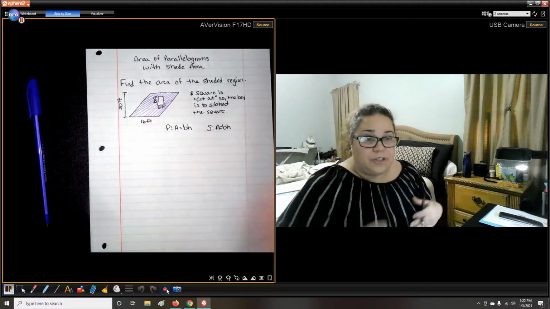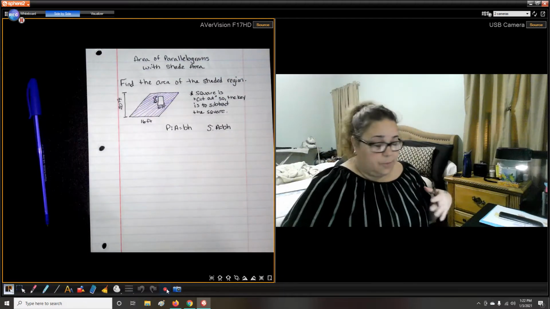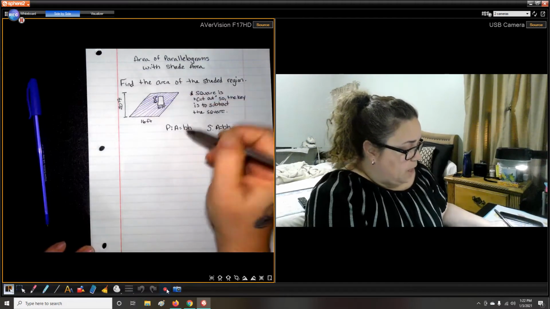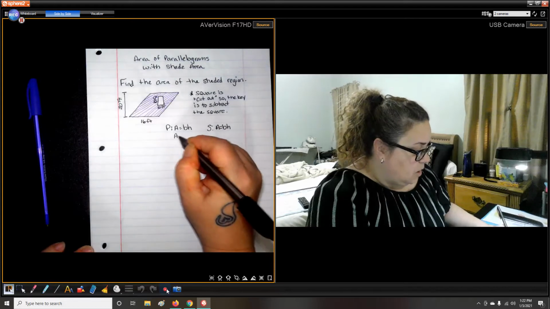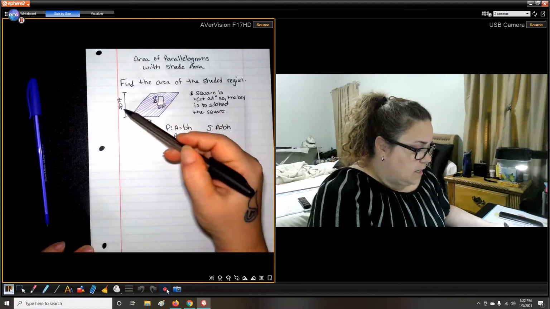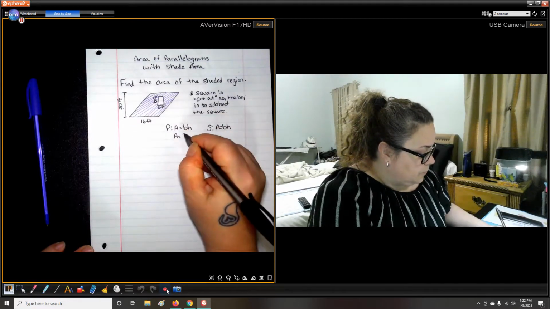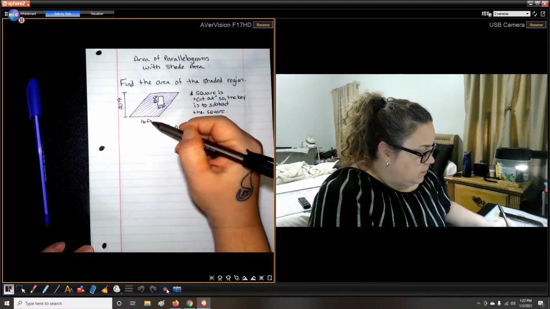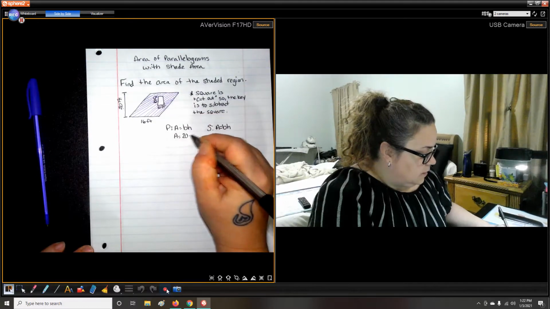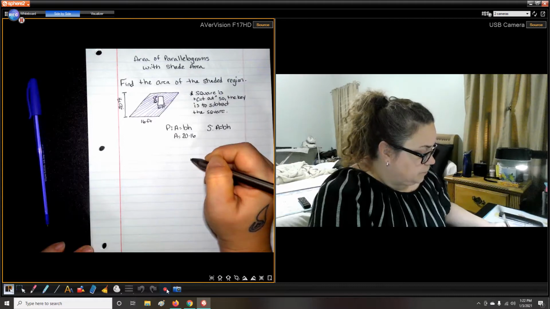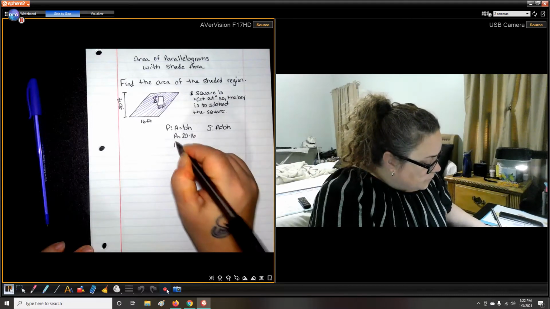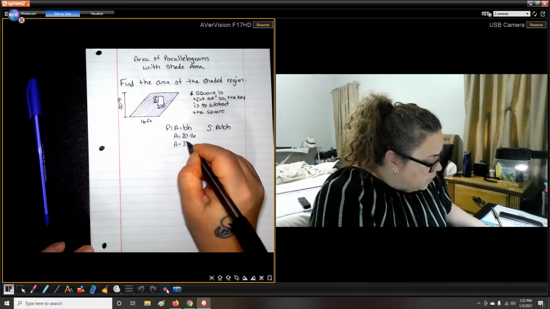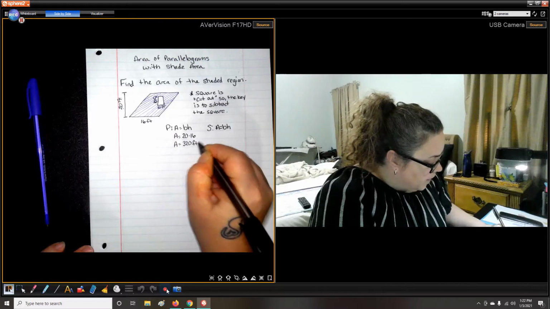Now we actually have to do the math, so we have to fill in our formulas. Okay, so for the polygon, our height is 20. Our base is 16. So 20 times 16 is going to be 320 feet squared.